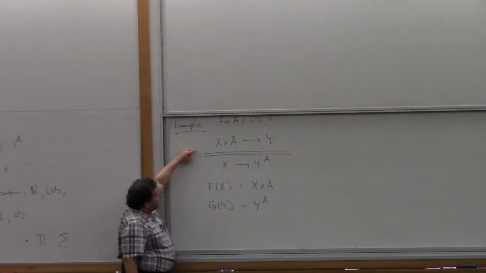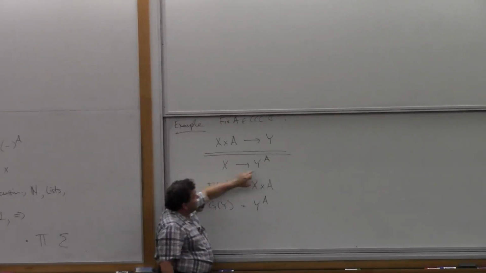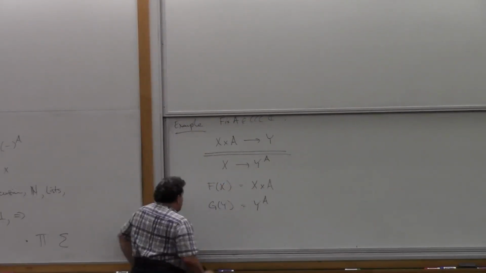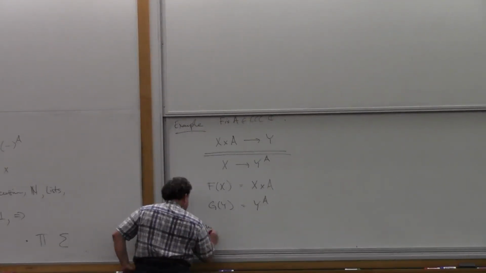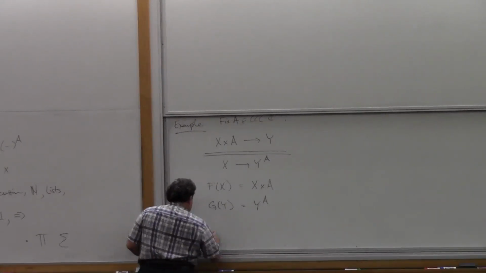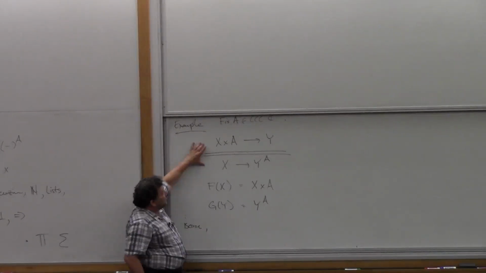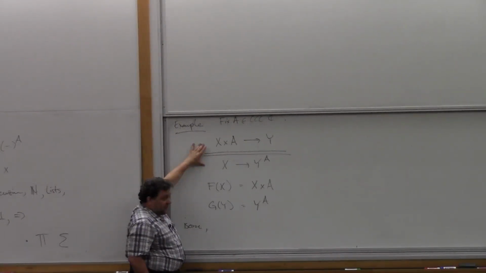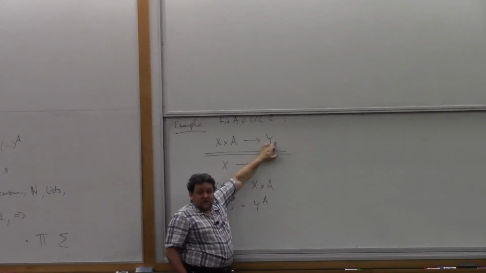And we have an isomorphism between maps out of F and maps into G. Moreover, the isomorphism, as we said before, doesn't really depend on x and y specifically.